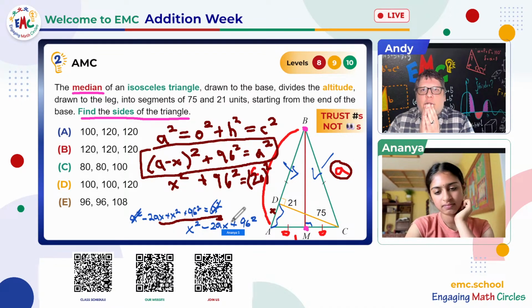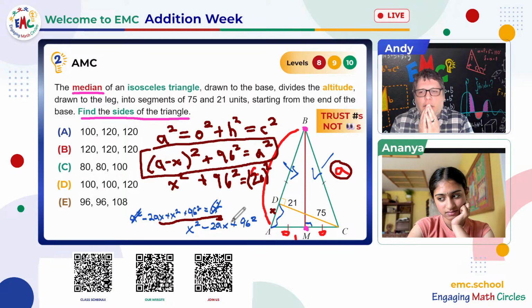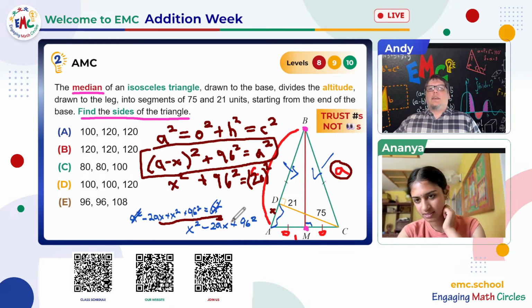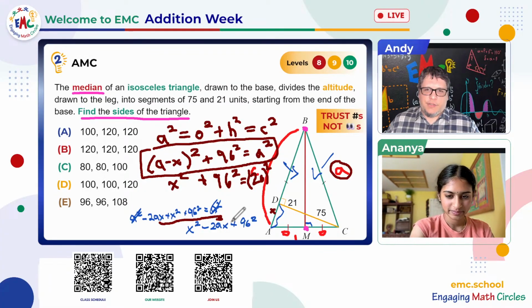Can I solve a quadratic when I don't know b? I know b is negative 2a, but is that doable? With a lot of algebraic manipulation, sure, but that's too much time.